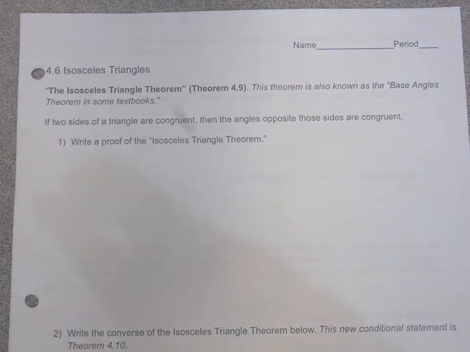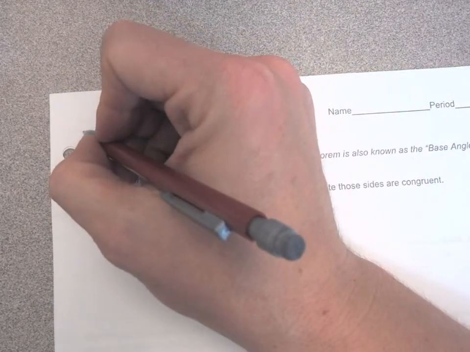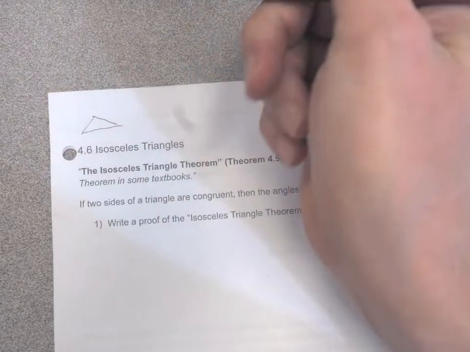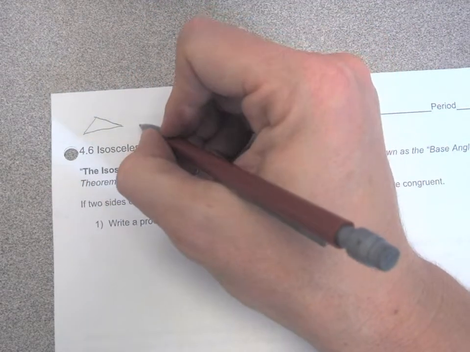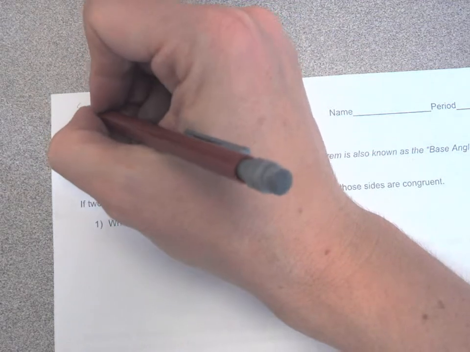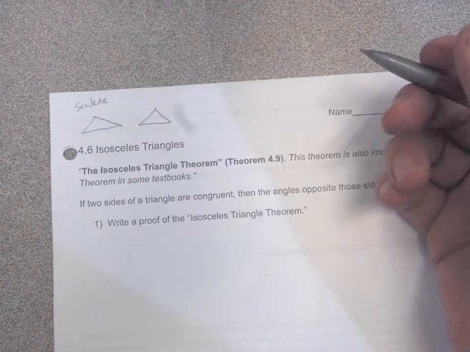Now if you're not sure what an isosceles triangle is, or if you can't remember, we can review that really quick. There's three kinds of triangles based on the length of their sides. We have what we call a scalene, where none of the sides are congruent to any of the other sides.